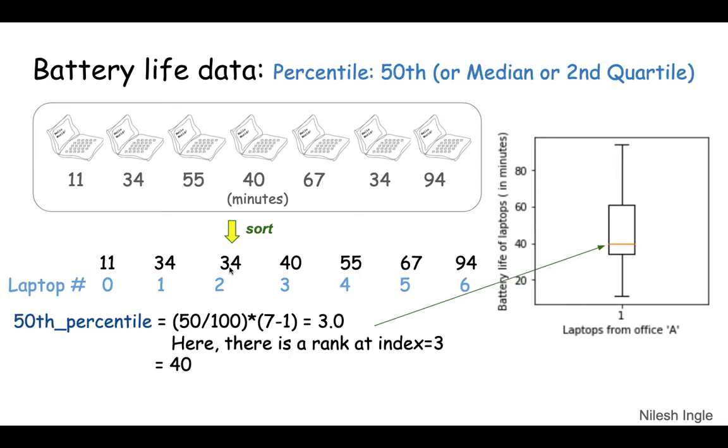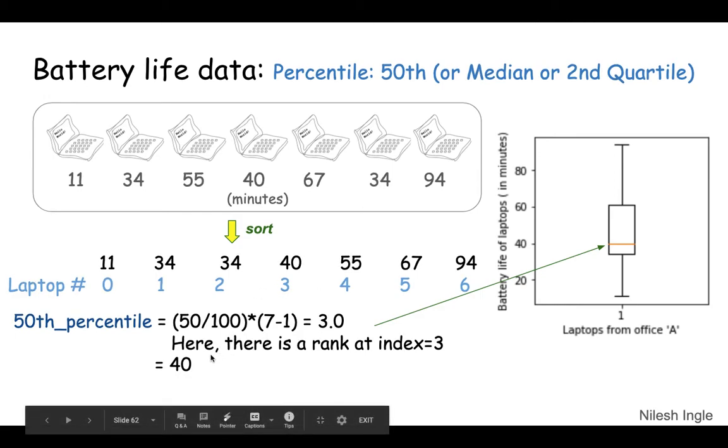Next, let's look at the 50th percentile. For the 50th percentile, the method is the same again. Instead of 25 we use 50, and in this case we get a nice number, 3, and there is a value at index 3 and that is 40.